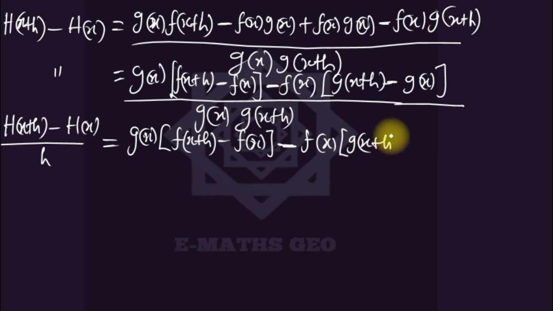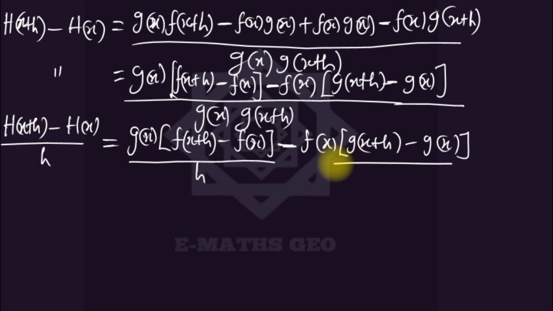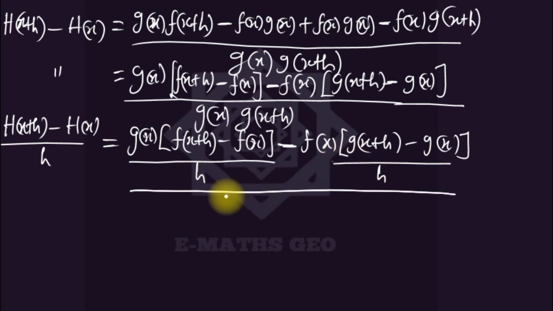So I divide by h, while our denominator is still g of x times g of x plus h. So we are still correct. We divided both sides by h. Since we have minus, we split it into 2.